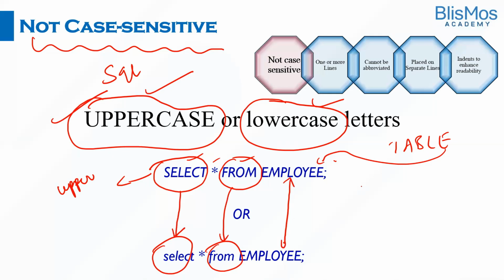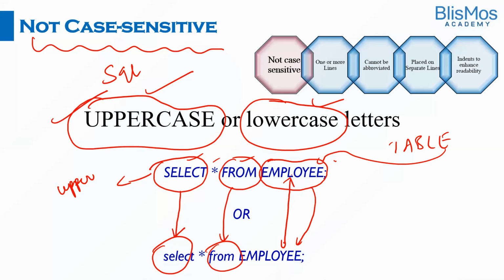So one more point you have to remember is that SQL statements can be written in uppercase or lowercase, but the same rule will not apply for database objects. When I say database objects, I'm talking about the table name, view name, sequence name, and all those things. Whatever case you have used while creating a table, the same case needs to be used while using that also.